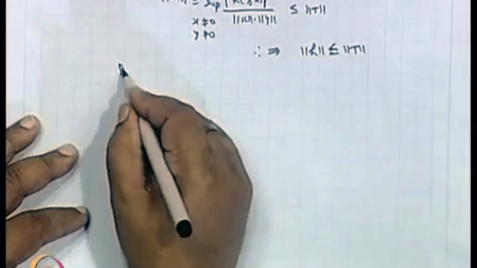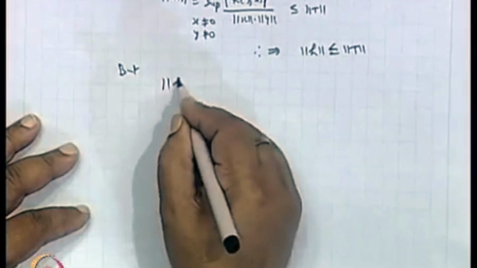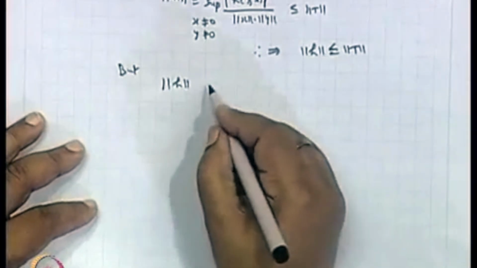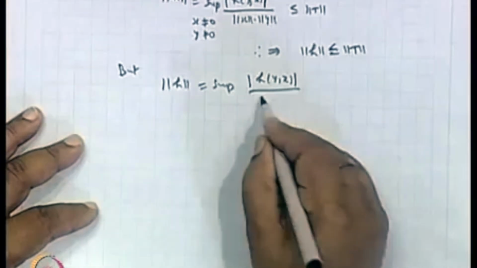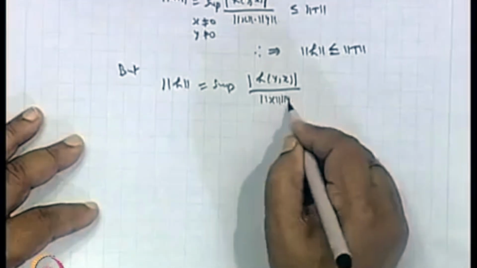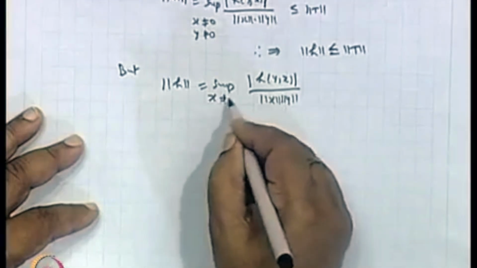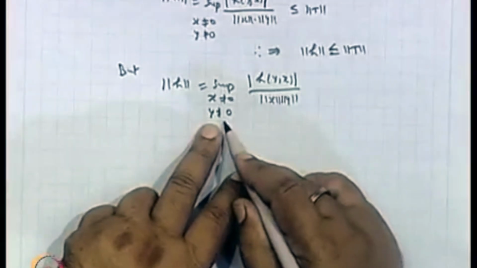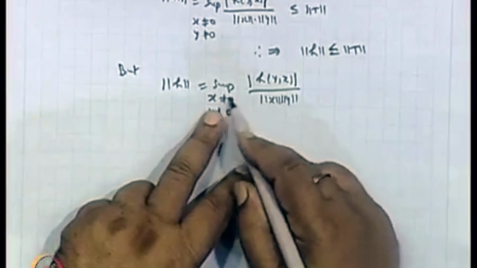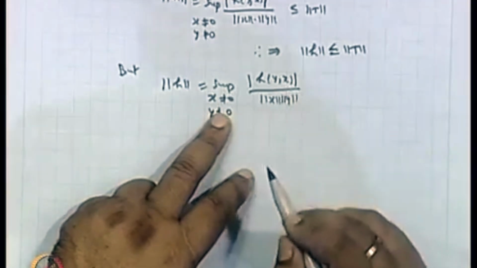But the norm of h is equal to the supremum of the modulus of h(y, x) over norm of x, norm of y, where x is not equal to 0 and y is not equal to 0. Now this is true for all y different from 0 and all x different from 0.